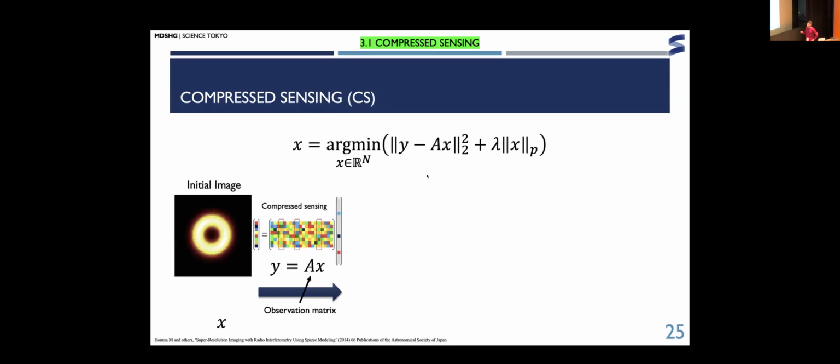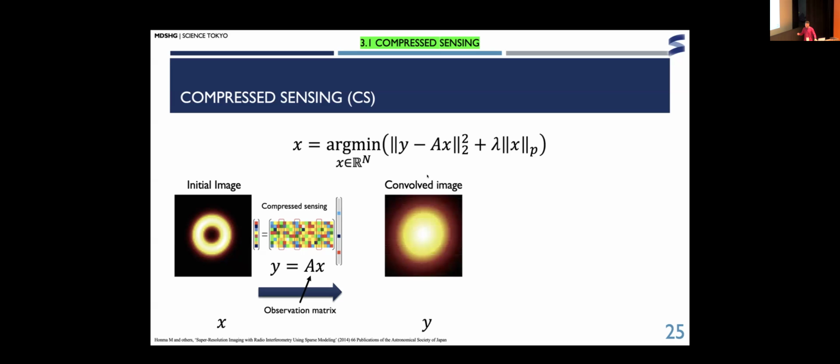And now, this is a very real-world application. We have an initial image, a sparse image, and we undersample it and get a lower dimensional representation of the image, so we have fewer data elements. When you try to reconstruct it just using this low dimensional data, what we get is a very noisy image.